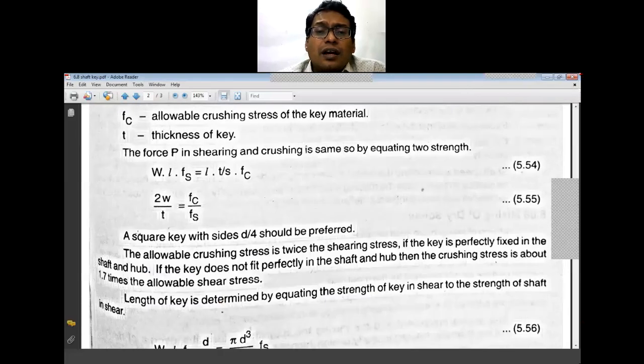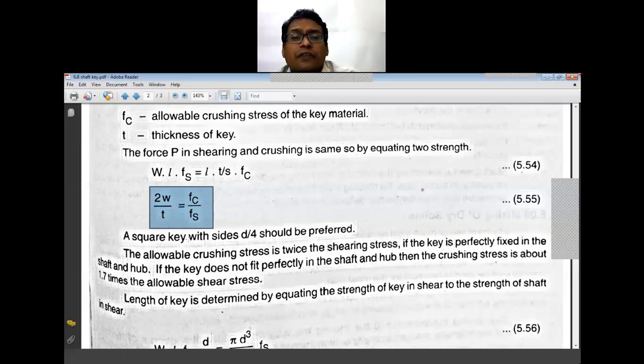Then by equating the forces in shearing and crushing, we can calculate the ratio of the crushing stress to the shearing stress, which comes out as 2 times the width upon thickness. For a square key, width and thickness are the same. So the crushing stress upon the shear stress ratio will be equal to 2.